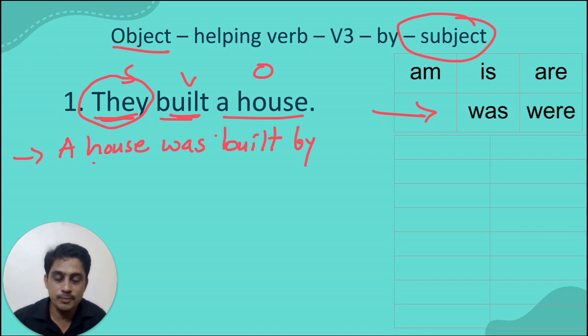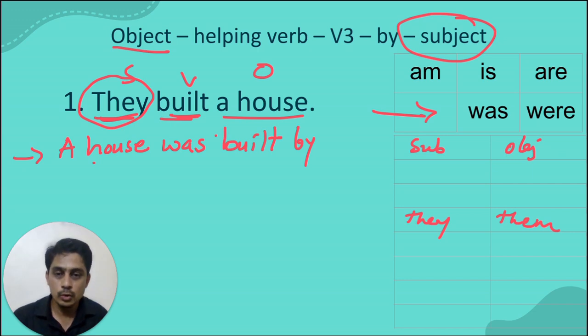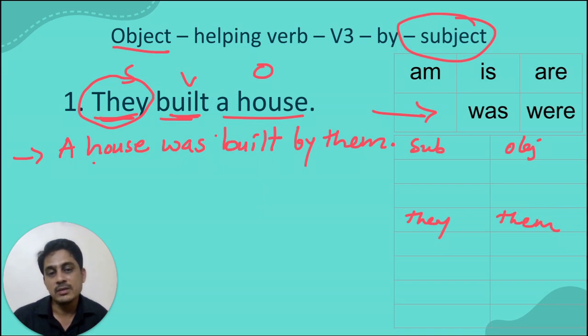There are two types of pronoun. One is subjective pronoun and other is objective pronoun. If the pronoun comes at the place of the subject, you will use subjective pronoun, that is they, and if it comes at the place of the object, we will use objective pronoun, that is them. So while writing they at the place of object, we will write them. This is the answer.